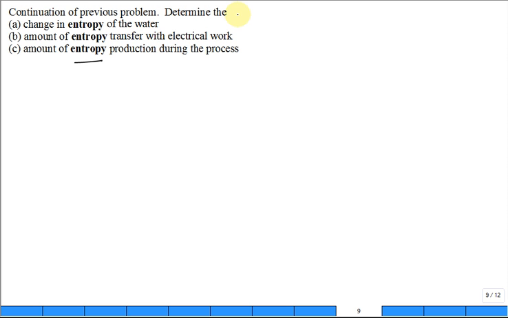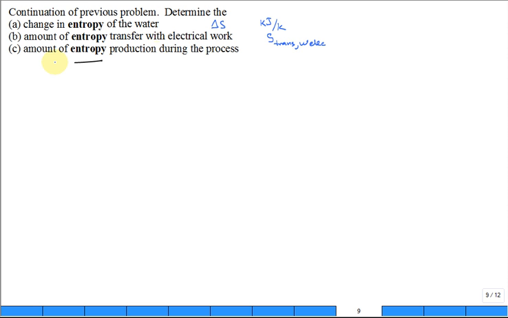All right, so first of all, we want to calculate delta S, and we know the answer has to be in kilojoules per Kelvin, true or false? For the next part, the amount of entropy transfer with the electric work, something like S_trans with the work electric. You make up some symbol for what you want to calculate, right?